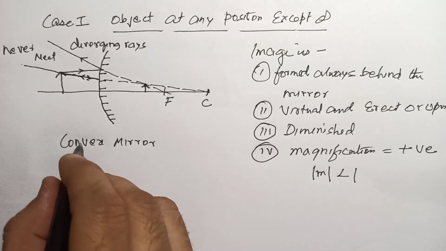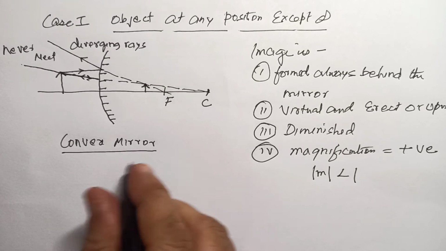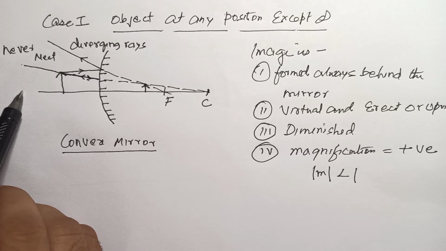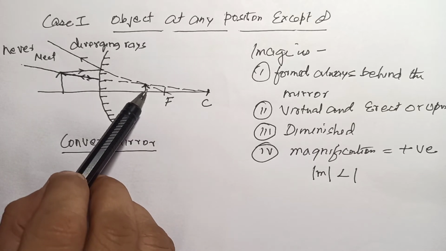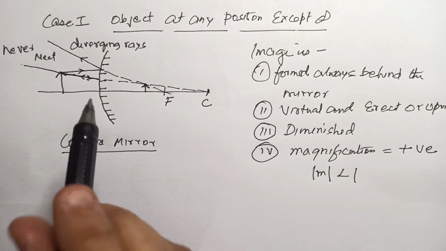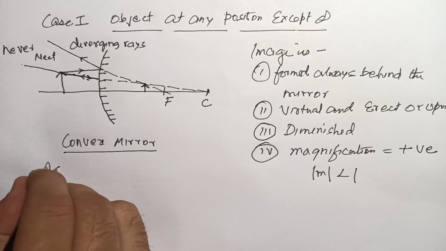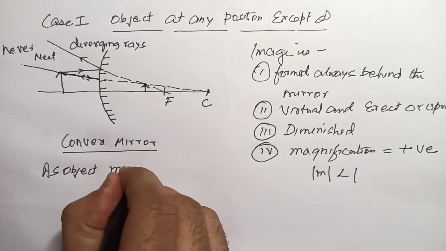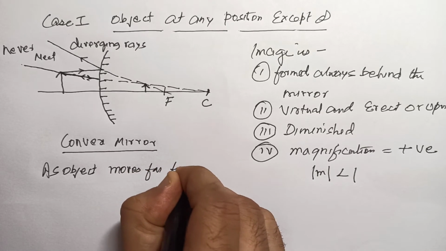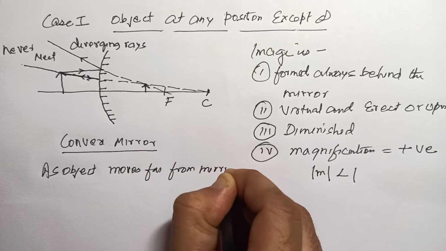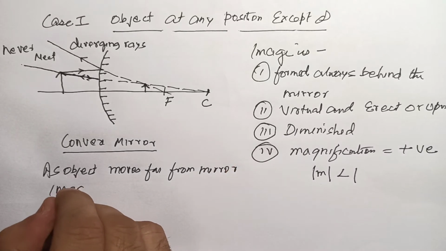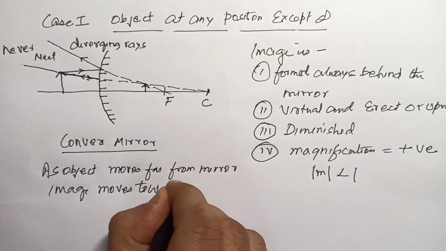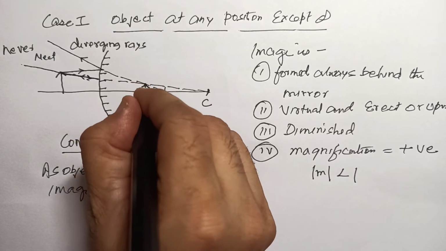Now, one important thing to note here is that as the object moves far from the mirror, the image moves towards F, so it becomes smaller. Where is F?